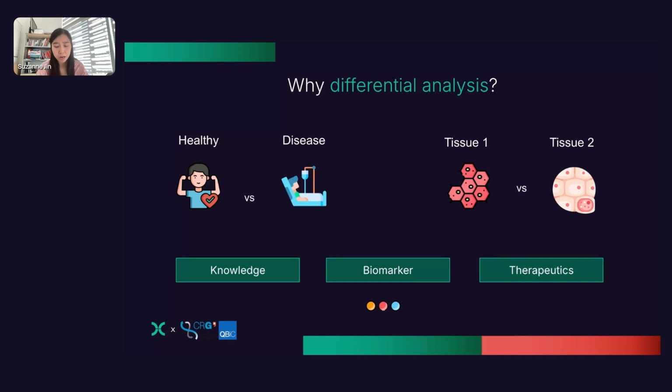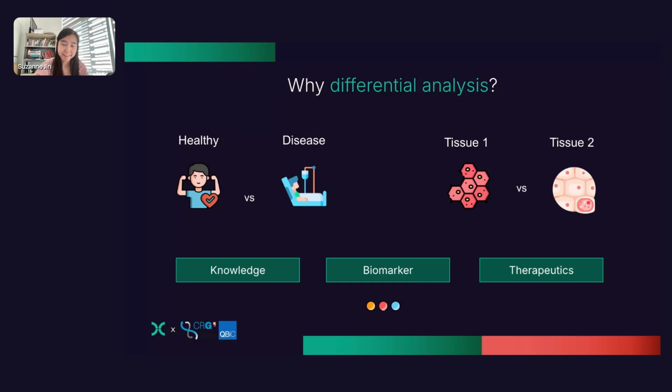So a lot of important applications rely on differential analysis, and therefore it's extremely valuable to get the answer right. However, in practice, this is not always that easy.